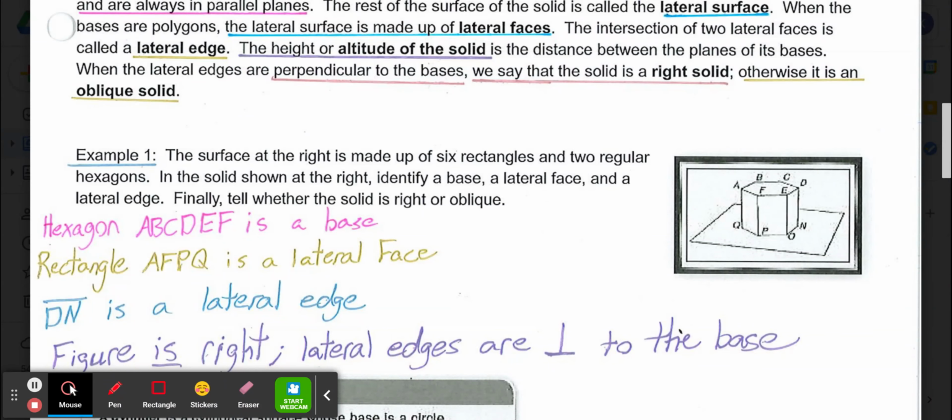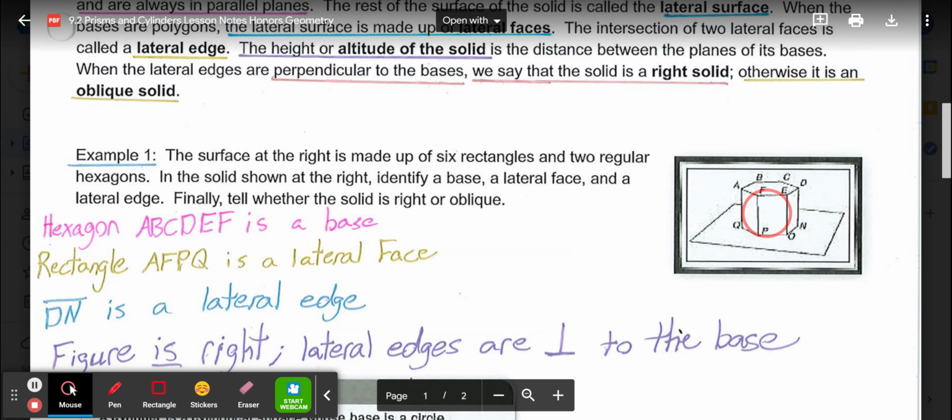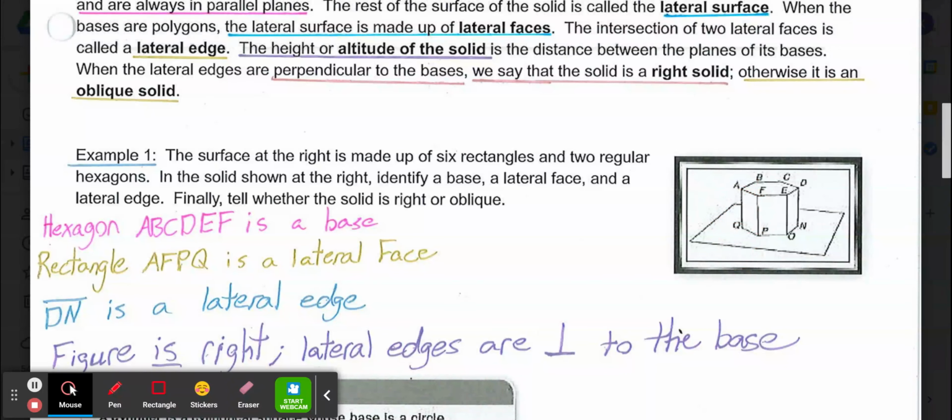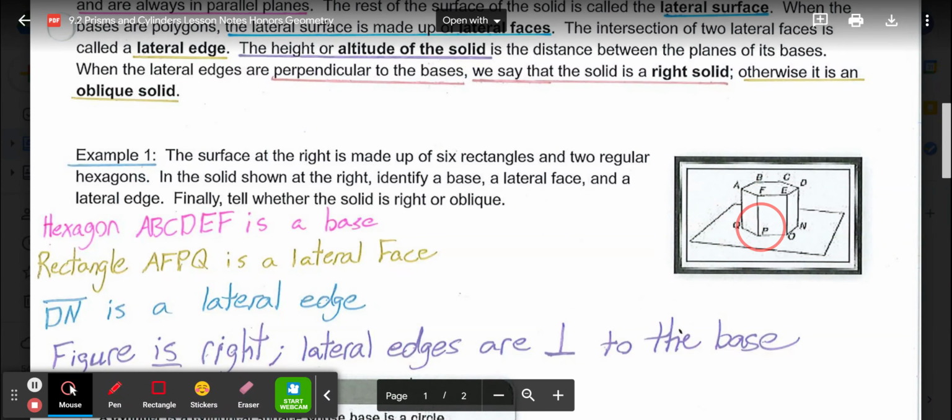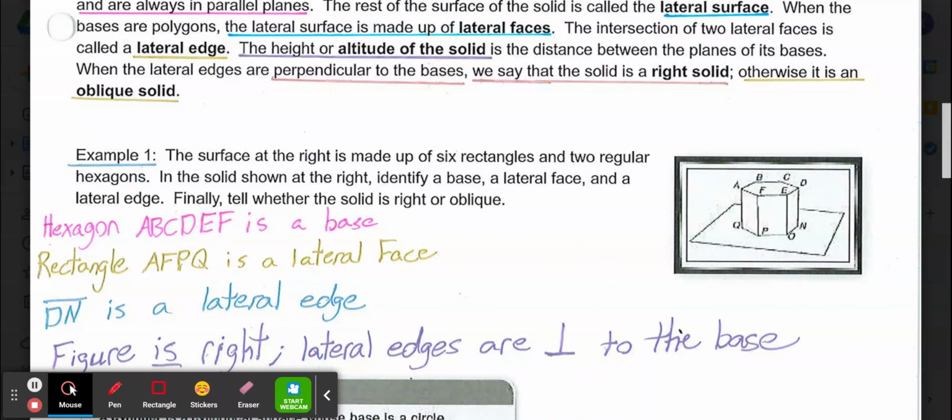A lateral face could be rectangle AFPQ, the rectangle right here, or you could have gone FEOP. And then a lateral edge could be DN, or we could have gone EO, FP, AQ. A lateral edge would be any of the edges that connect or are in between lateral faces.